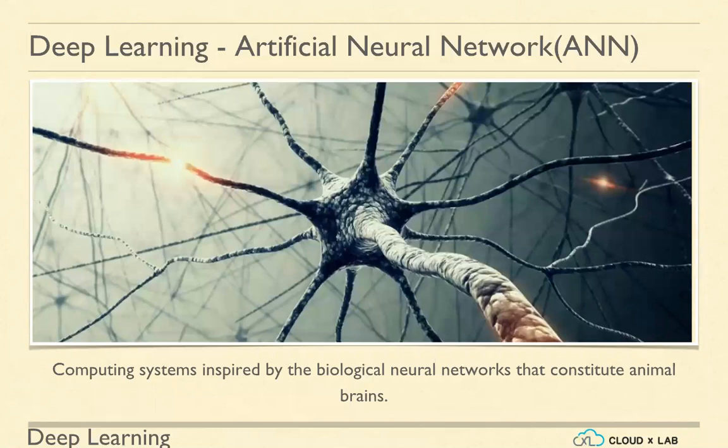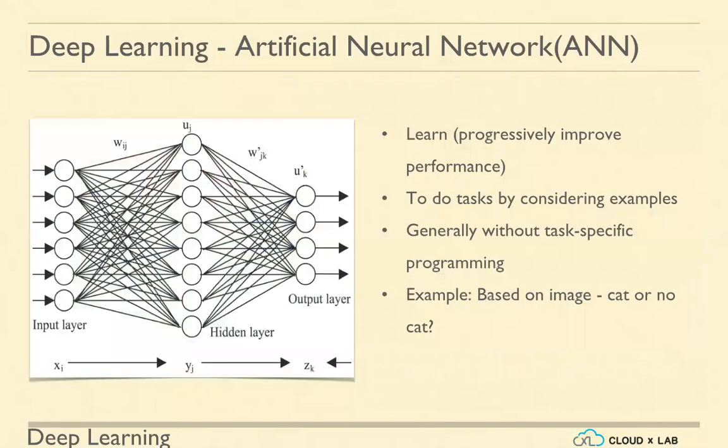Neural networks are basically computer systems inspired by biological neural networks that constitute animal brains. All right, so here's a boring definition. What we do in the case of a neural network is that we learn, meaning we progressively improve the performance to do tasks, considering examples, as in whatever historical experience or examples we have.